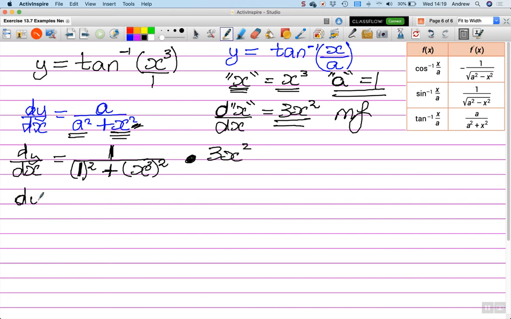So dy dx is equal to 3x squared all over 1 plus. Now, don't forget laws of indices, powers separated by brackets, 2 3s are 6. It's going to be x to the power of 6. And that's the end of the problem.